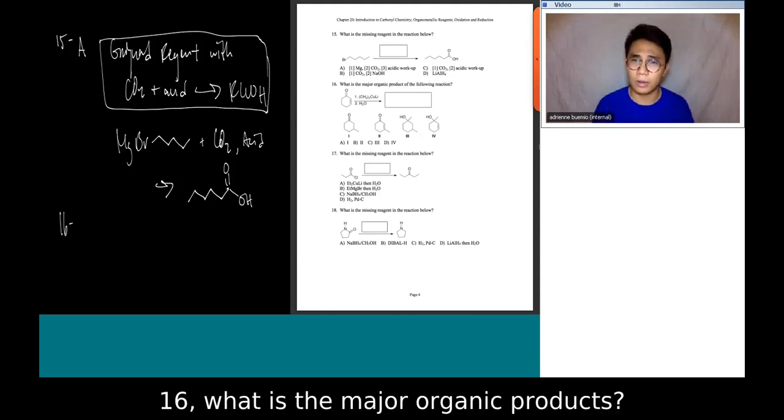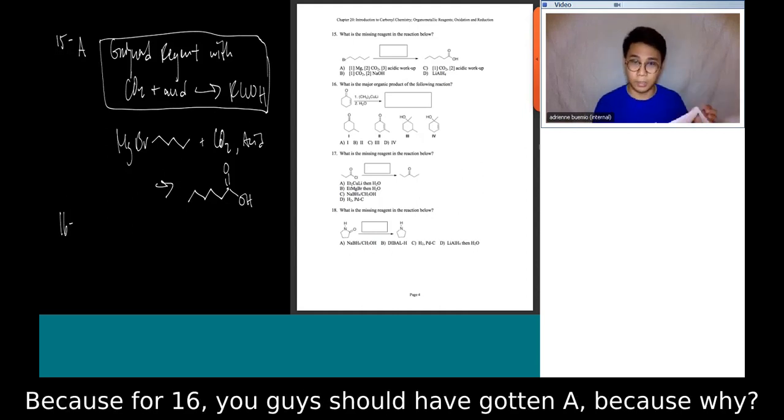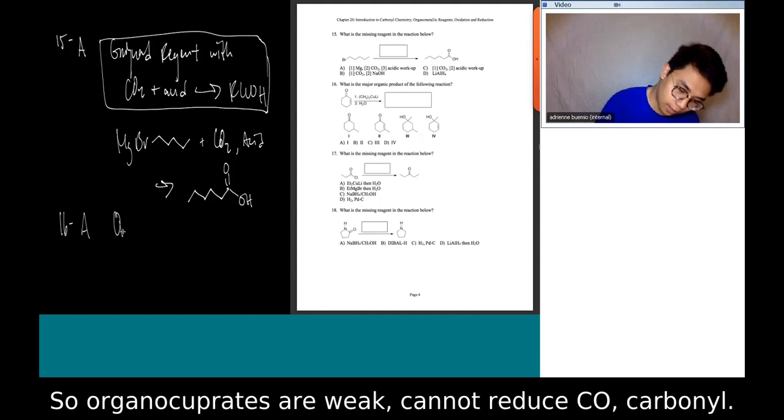16, what is the major organic product? Again, organic cuprate. This one's an interesting one, because for 16 you guys should have gone A, because why? Organocuprates are weak, right?